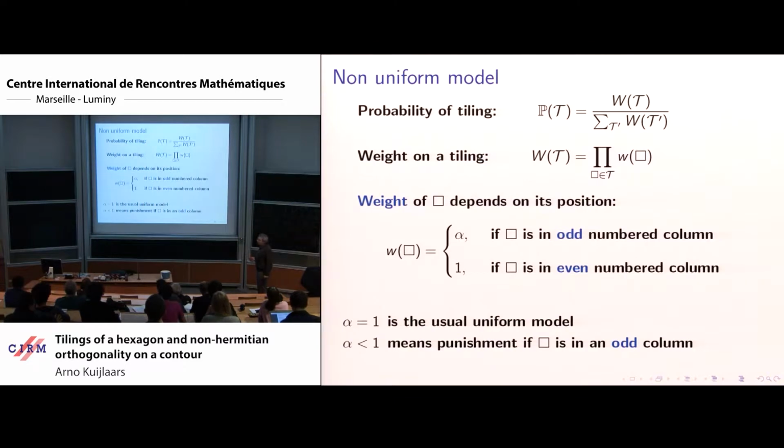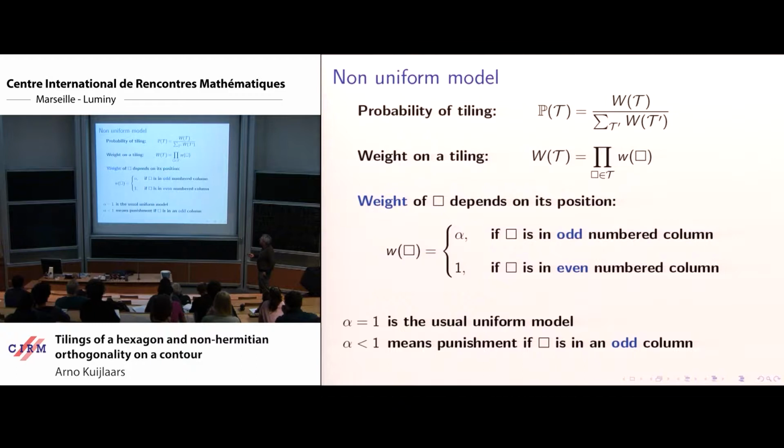I'm going to use a non-uniform model, meaning that not all tiles are treated equally. Some tiles have a higher probability than others. There are many variations on this theme you can do. So what I will do is the following. I put a weight on a tile.